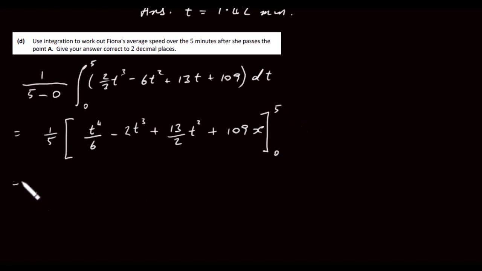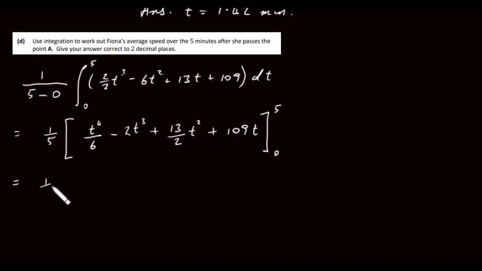Okay, so let's do all of this. Now you've got to put 5 in here. I put an x in there instead of a t. That should be a t there, so let me just change that. So I'm going to put 5 in here instead of all of these t's, and if I put 0 in, all of these terms are just going to become 0.